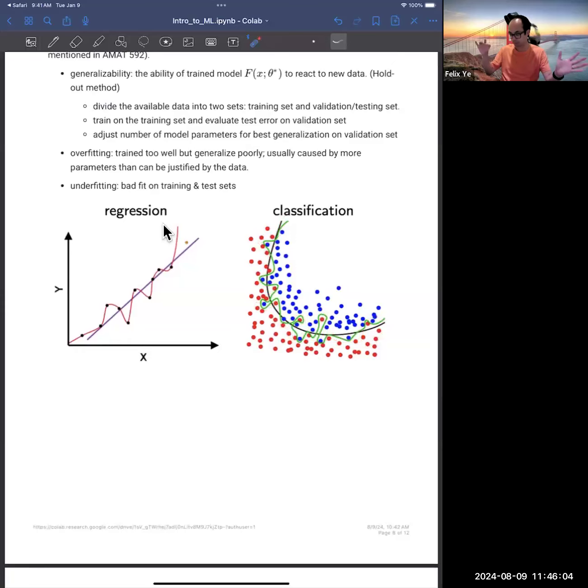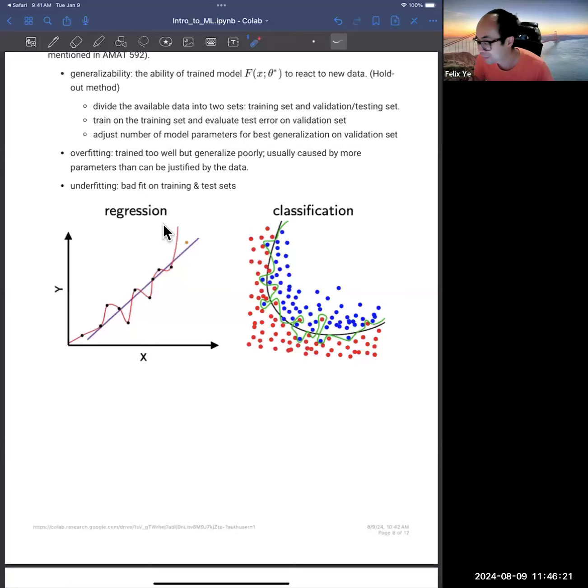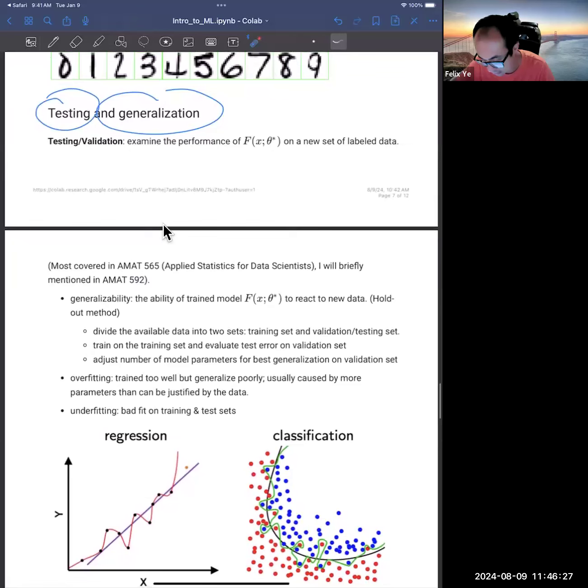So which line is better? Which one is better? The more complicated curve, or just a smooth curve? This actually has something to do with testing and validation.